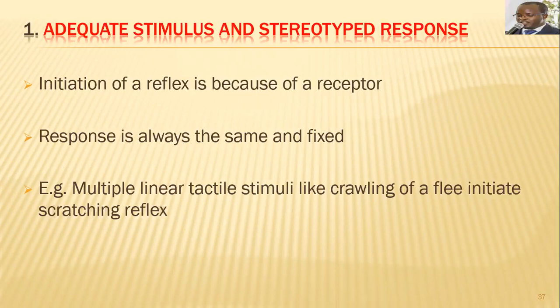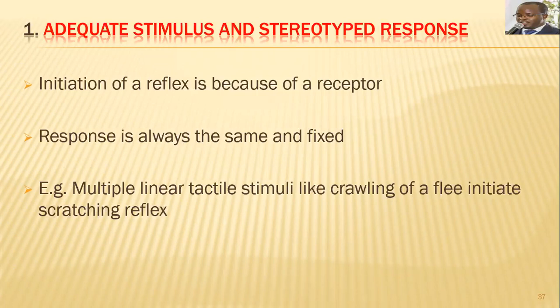Without that, no reflex act. You're not going to get a response. This also brings us to the all-or-none law of action potentials. Either you have an adequate stimulus or you have a sub-threshold stimulus that is not going to initiate anything, no action potentials.